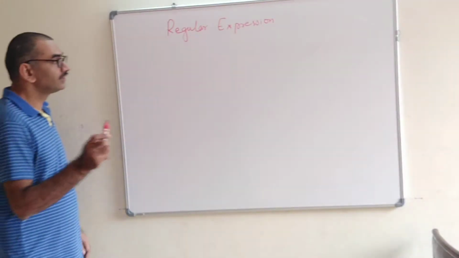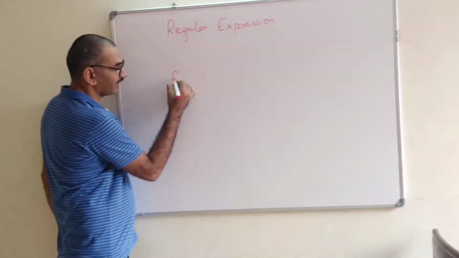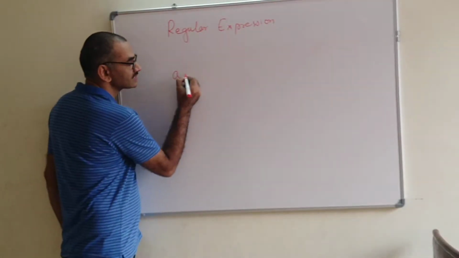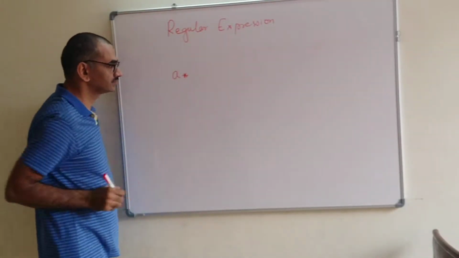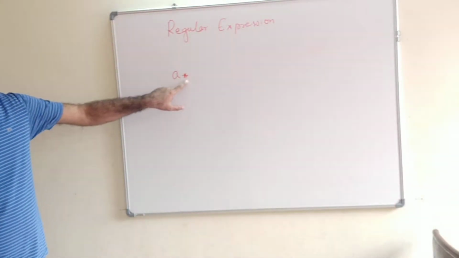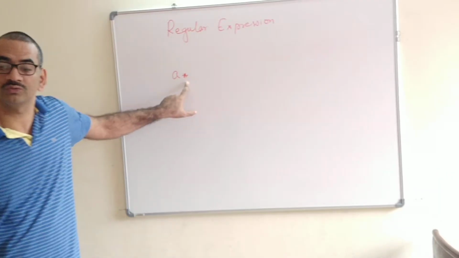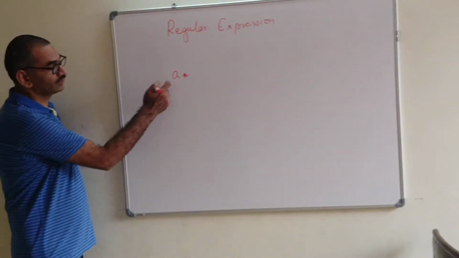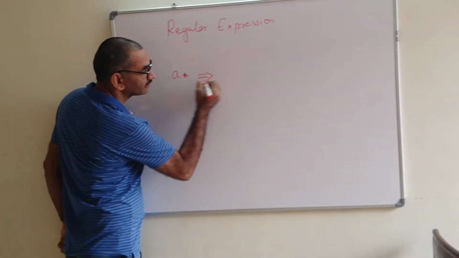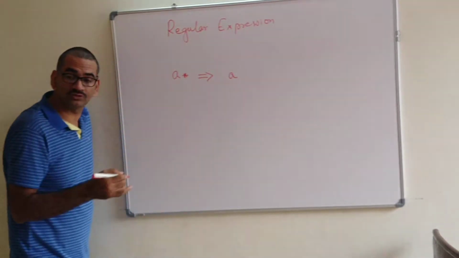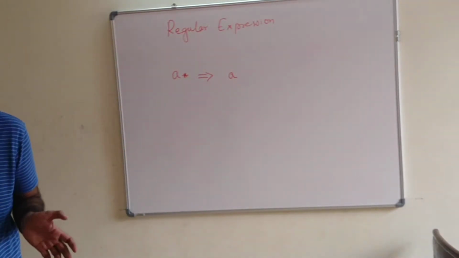So for example, you can just simply say A, and then say star. Now the character is important. After that, the character modifier is up to you whether you specify it or not, but if you specify it, it has a special meaning. So A star would mean A coming 0 times or more than 0 times.